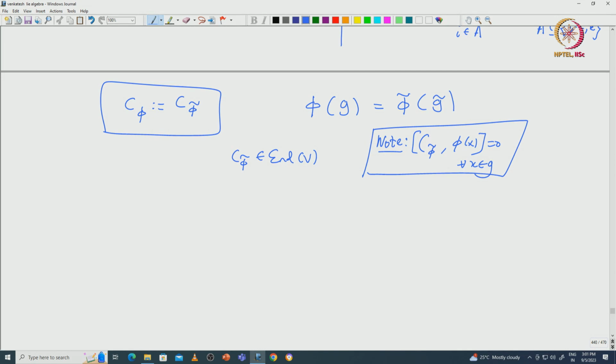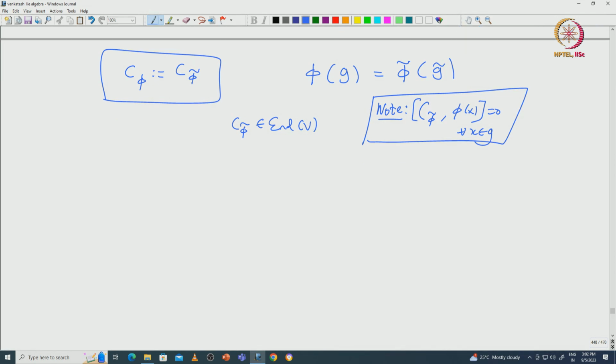For that I need one small fact, which I will just recall now, and I will end with that result. What is that small fact that we needed?